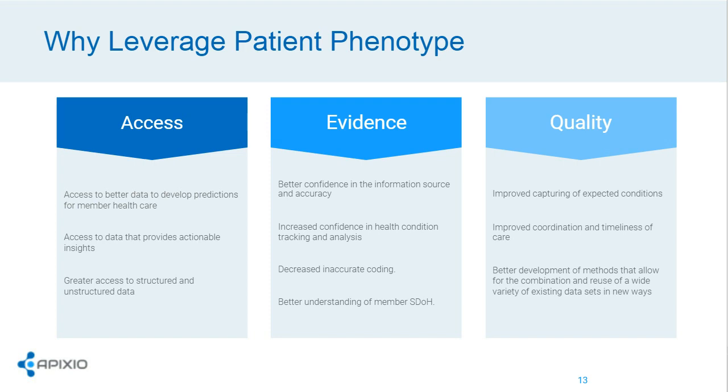By pointing those individuals to the evidence, by supporting it with a high degree of confidence, we can point them more rapidly to come to the same conclusion that we have around a given opportunity to intervene on an individual's care path, a gap, and that's going to help avoid some of that fatigue. The more often that you're asking a provider to do or respond to something and they go through the negative, that is going to build that fatigue up, if you will, and ultimately make that tool ineffective. So by basing it on the evidence, which is what a patient phenotype is going to do, it's going to drive the why behind it.